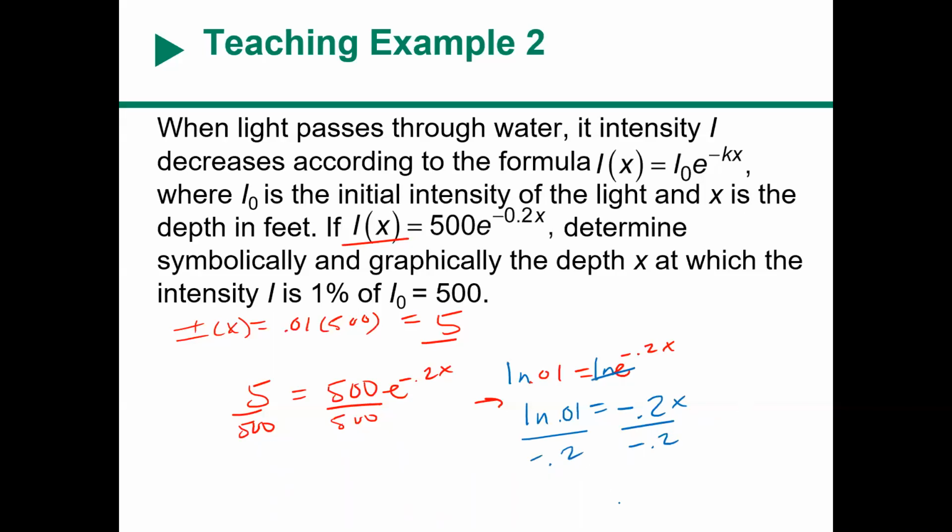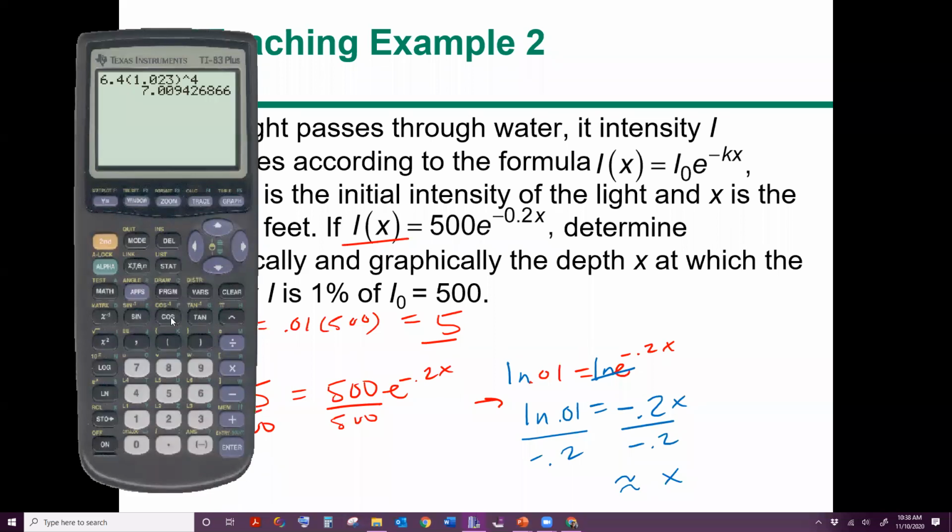So I can put this in the calculator and get an approximate value of my x. Going to my calculator, I'm going to type in natural log of 1/100 divided by negative 2/10.